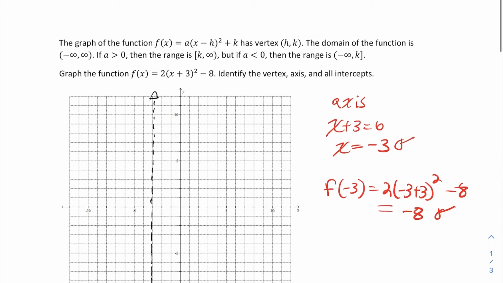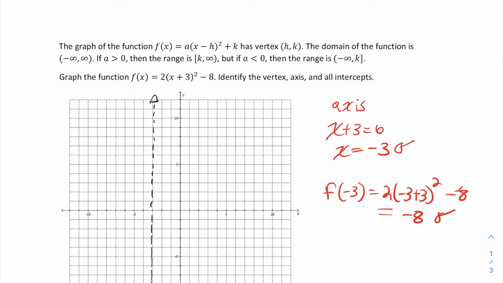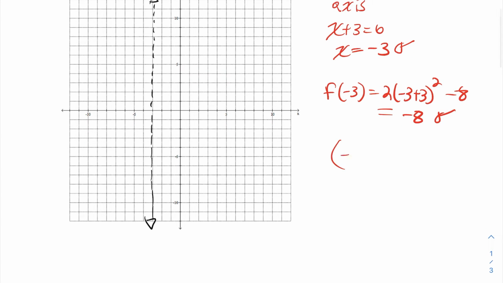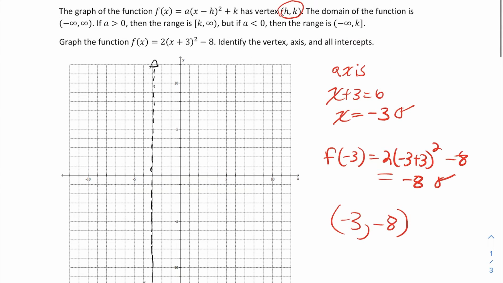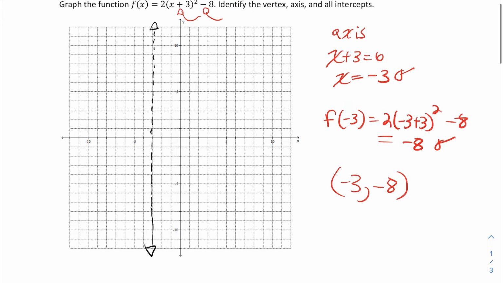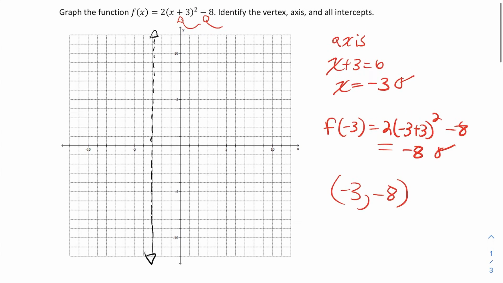That (h, k) from the original description, in this case, is the point (negative 3, negative 8). We could have just taken that directly from the function. Now, once we have h and k, we can plot it. So (negative 3, negative 8) is here, and that is an actual point on the parabola.